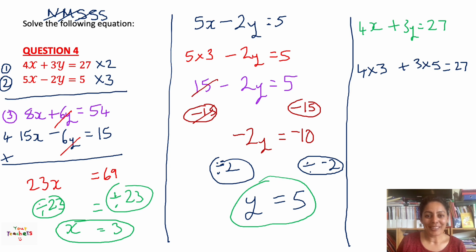Is it going to happen? So this is 12 plus 15, and yes, it works. 27. Brilliant. Hooray. We did it. So we now know x equals 3 and y equals 5.